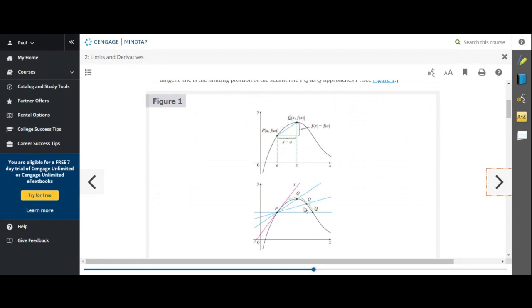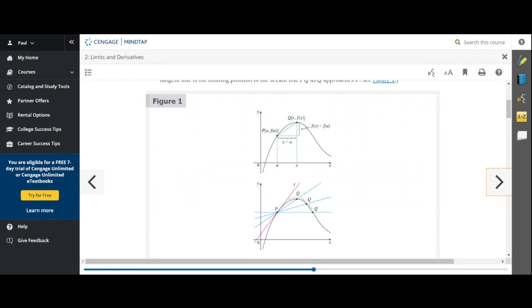As we move Q closer to P, and we look at these secant lines that go through P and Q, as Q approaches P, the secant line approaches the tangent line T. So the slope of the secant line as Q approaches P will approach the slope of the tangent line to the curve C at the point P.